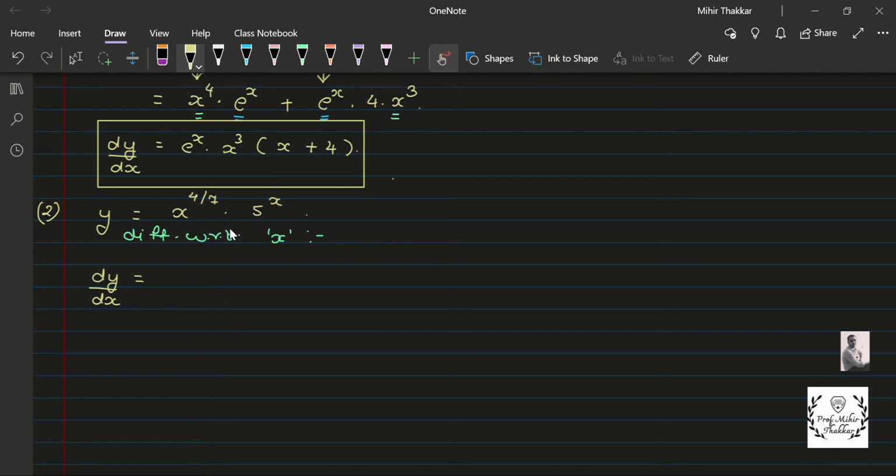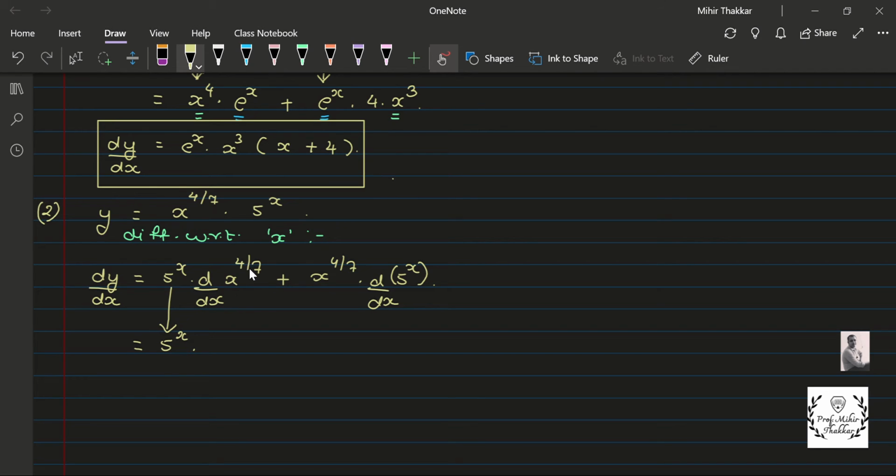So this is v into derivative of u, 5 raised to x into derivative of x raised to 4 by 7, plus u into derivative of v, x raised to 4 by 7 into derivative of 5 raised to x. As you know, this 5 raised to x is outside derivative. There won't be any change. It will come down as it is.